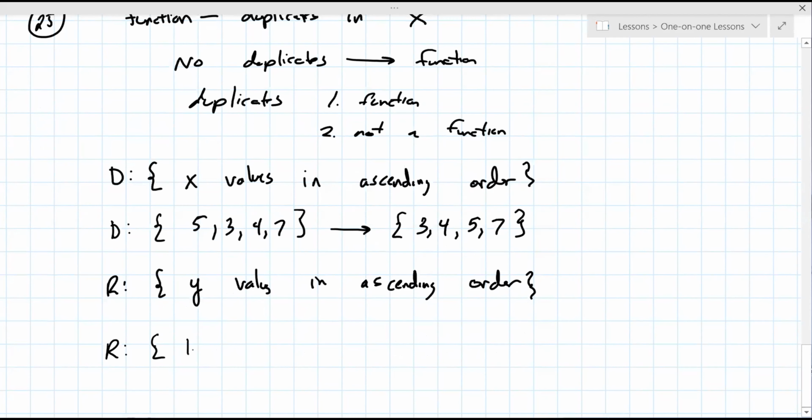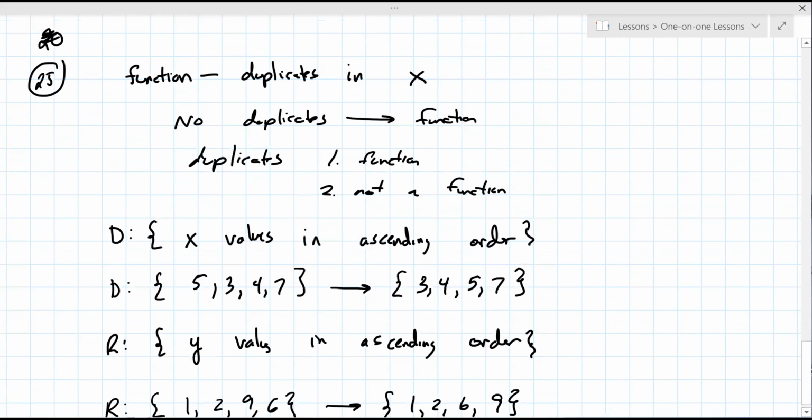I see 1, 2, 9, and 6, so you might write instead 1, 2, 6, 9. If it isn't a function, we still do the domain and range. That's a side note: all relations have a domain and range.